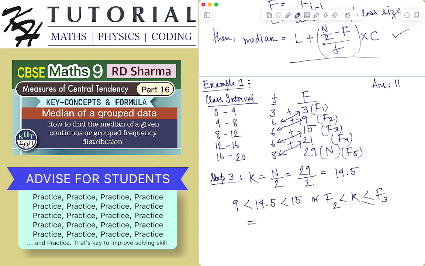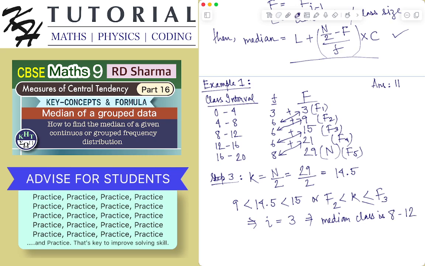So this implies that i is 3. This implies the median class is the class interval corresponding to the third row, which is 8 to 12. This is the median class.